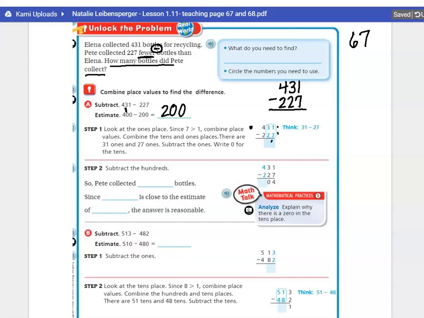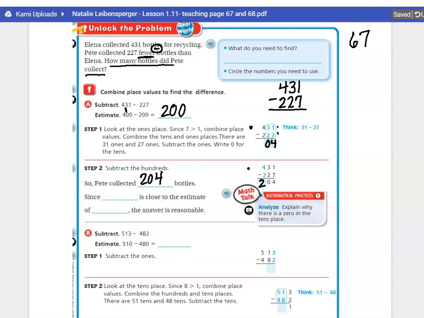So I would write 4 and put a 0 here to hold the place, because I know that 4 represents 4 ones. And that's exactly what they did for the problem down below. They're taking it step by step for you. Then all I need to do is subtract the hundreds place. So my answer is 204 bottles.